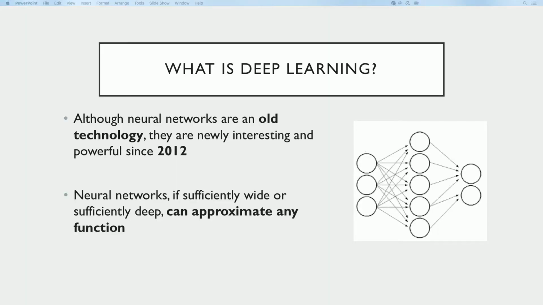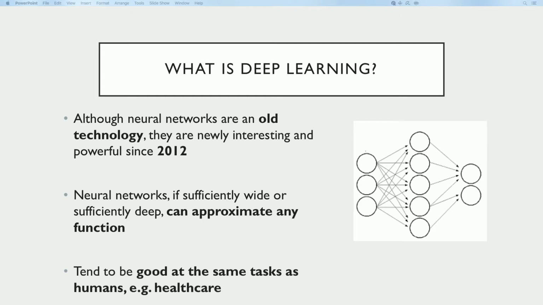So this is due to the fact that neural networks, if sufficiently wide or sufficiently deep, can approximate any function. Before 2012, people were really aiming for very wide neural networks, but what was discovered then is that very deep networks can behave just as well as very wide networks, and they're much more computationally tractable. So that's why we have this deep learning explosion now.